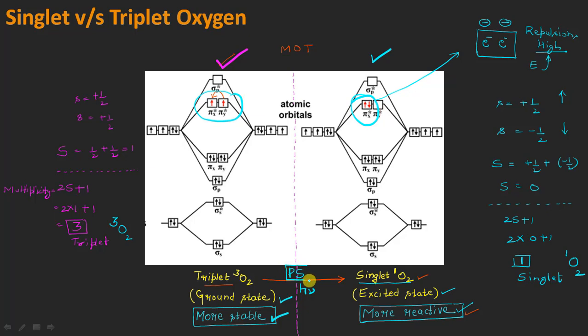In the present case, rose bengal is our photosensitizer, and in the presence of irradiation it converts the triplet into the more reactive singlet oxygen, which will be used up in carrying out our main reaction.